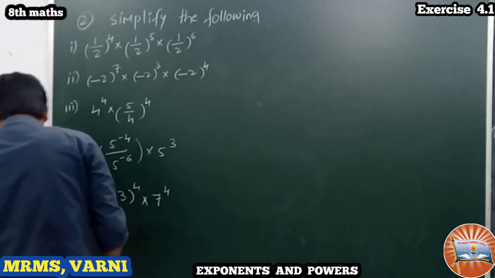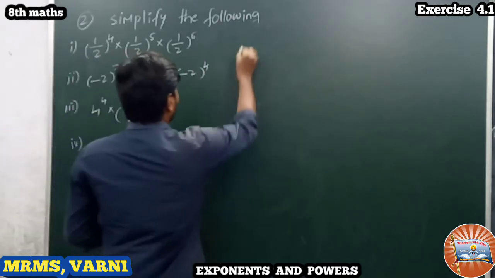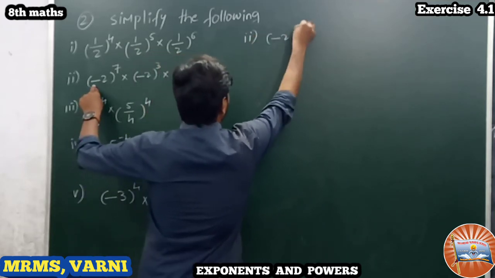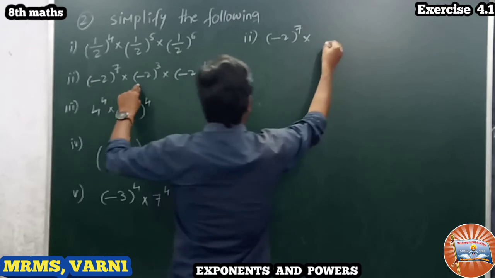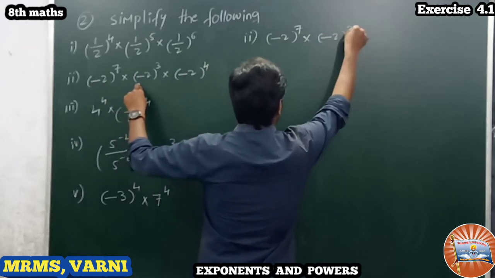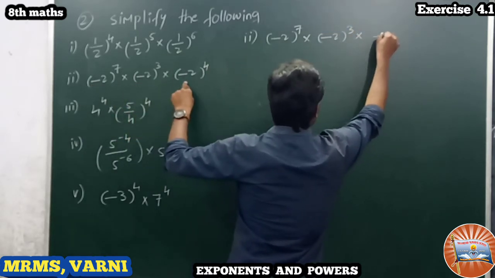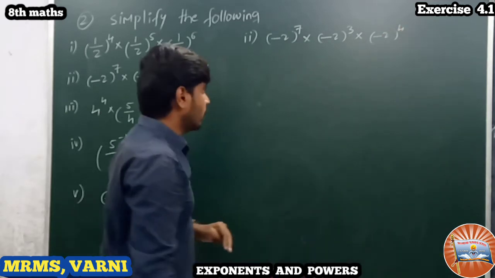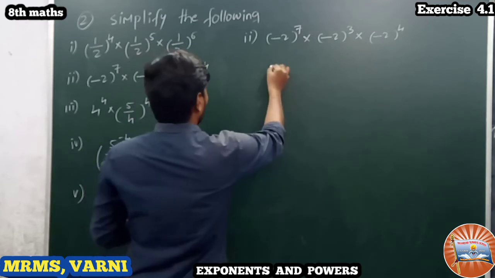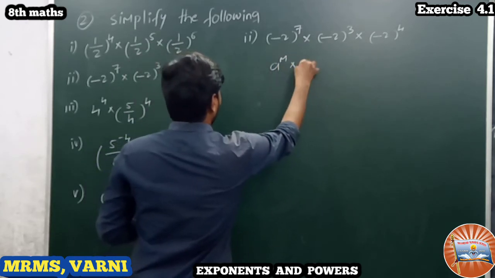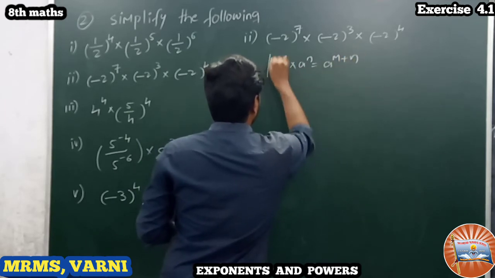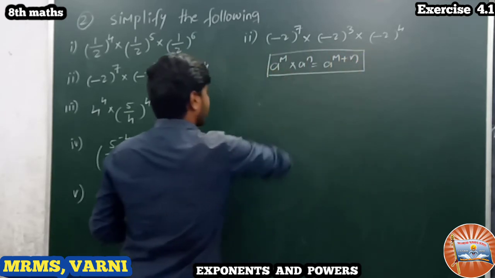What is the question? (-2)^7 × (-2)^3 × (-2)^4 is the given question. Now the same formula, a^m × a^n = a^(m+n), is the law we have.